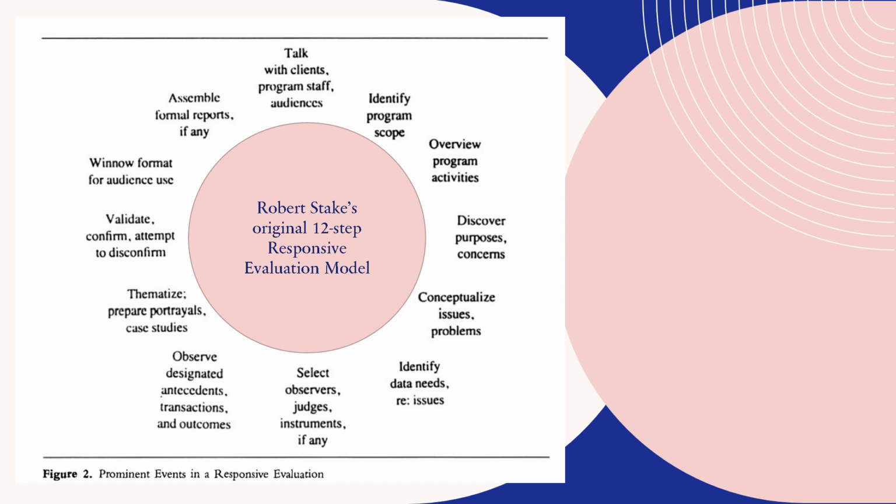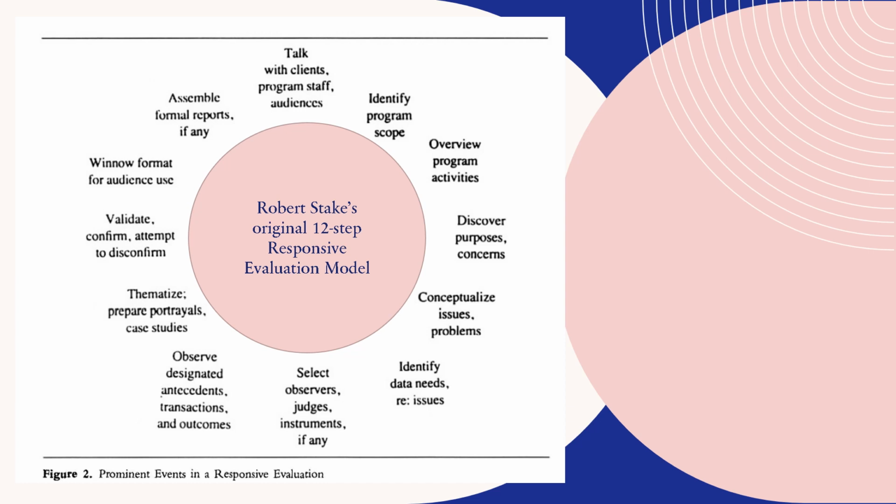And then observe designated antecedents, transactions, and outcomes. You still need these antecedents, transactions, and outcomes. You need to observe that during your evaluation using the responsive evaluation model. After that, you need to thematize, prepare portrayals, or case studies.